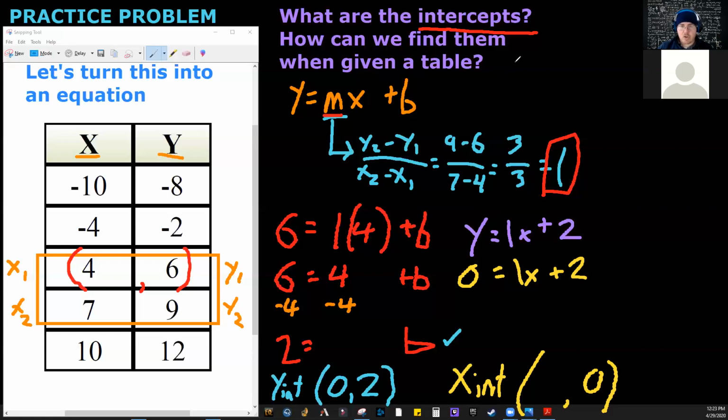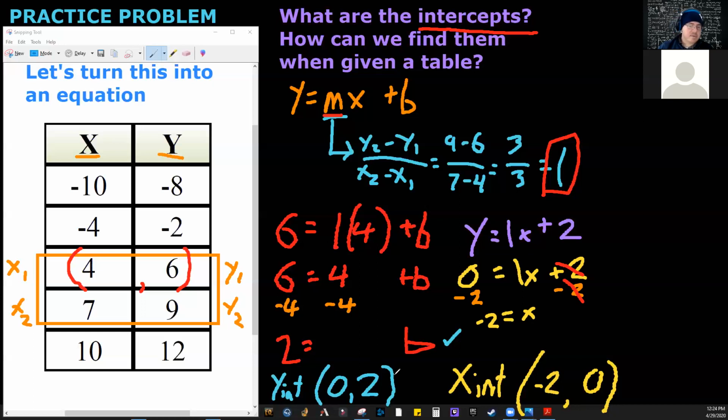If I subtract 2 from both sides, I'd end up with -2 equals x, because 1x is the same as x, and anything subtracting itself makes 0. So my x value would be -2.